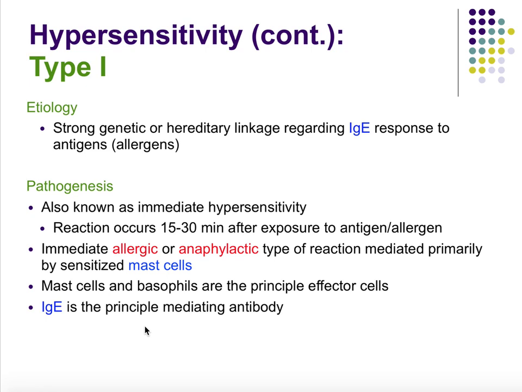This is also known as immediate hypersensitivity, and it's called immediate because the reaction occurs within 15 to 30 minutes after exposure to your allergen. You'll see an allergic response, an anaphylactic type of response, and it really does involve your mast cells. The mast cells, as well as basophils, are the principal effector cells involved in the response. And again, the IgEs play an important role here.